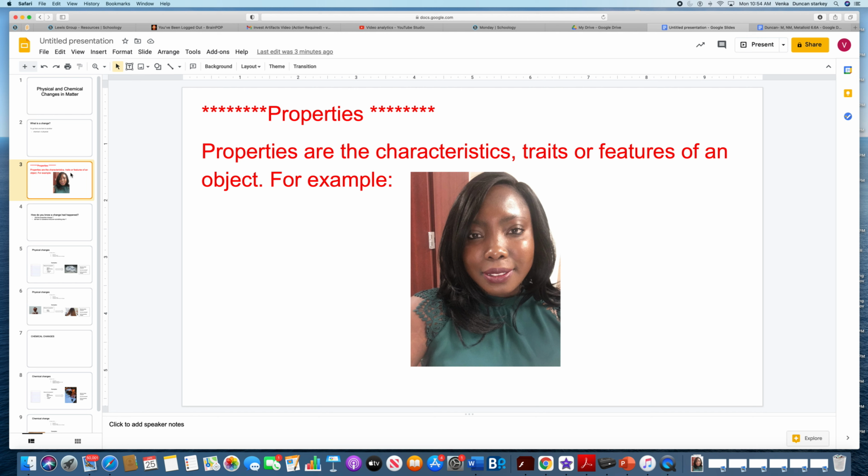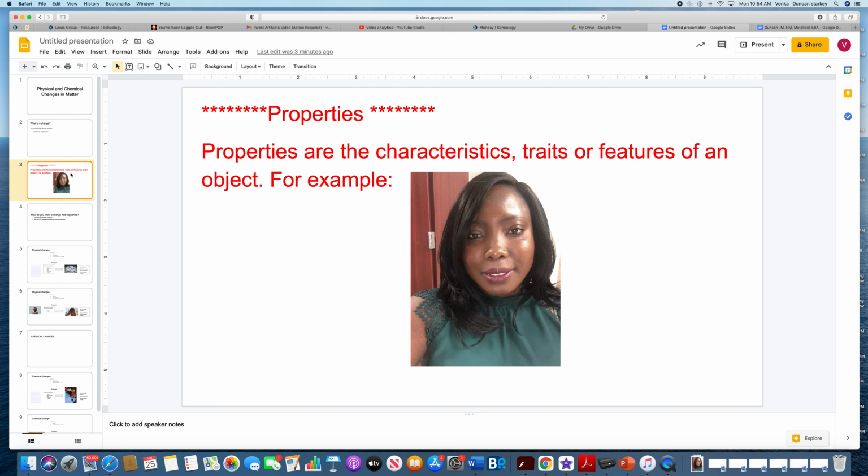In alternate, if someone was to tell you to look for Miss Duncan by looking for a tall, white-skinned, blonde man, would those characteristics or those properties match Miss Duncan? No, they would not.